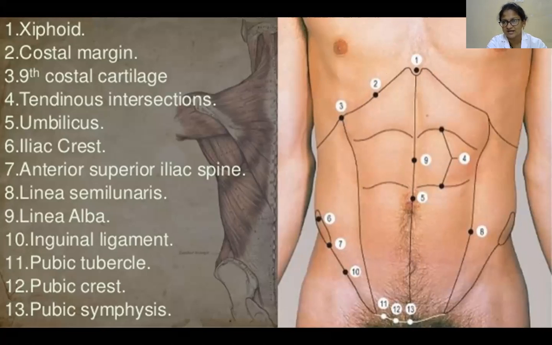It deals with the study of the position of the structures and organs of the body, by drawing the general outline of the structures on the surface of the body.